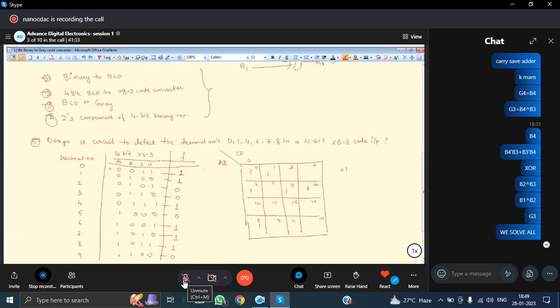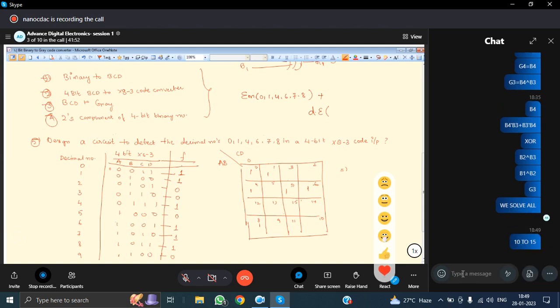Sigma m of 0, 1, 4, 6, 7, 8. What are the don't care terms here? Plus don't care terms, tell me. Yes, 10 to 15 are the don't care terms.